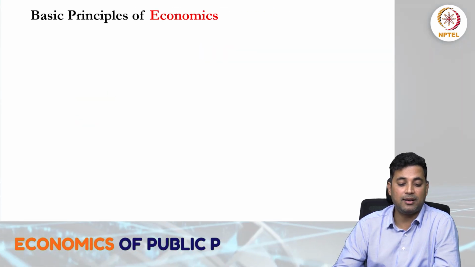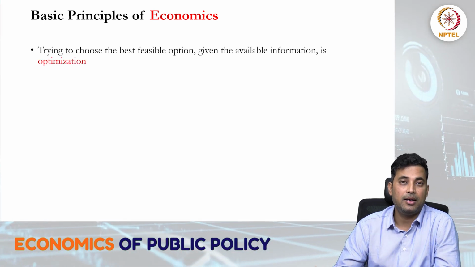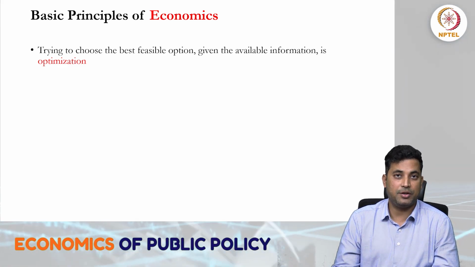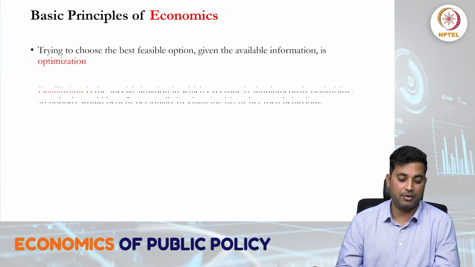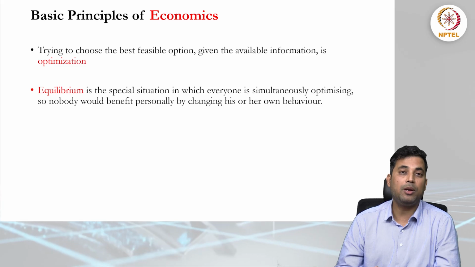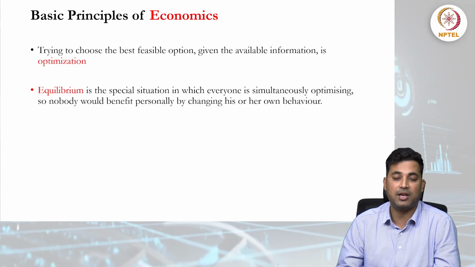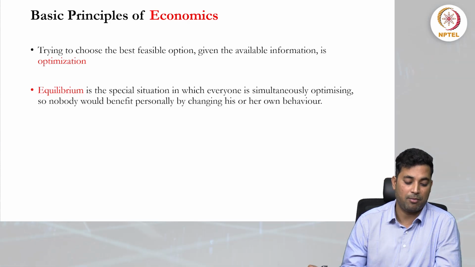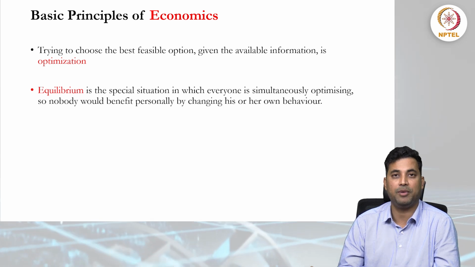So these are the basic principles of economics that I want to reiterate. One is of course optimization based on the available resources and the information. With the best information, we have to optimize our wants and also the resources. And equilibrium, which we get from the optimization, is a situation in which everyone is simultaneously optimizing in the general equilibrium model, so nobody would benefit personally by changing his or her own behavior.